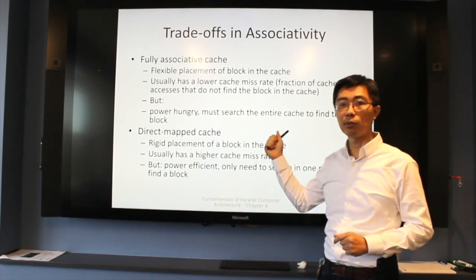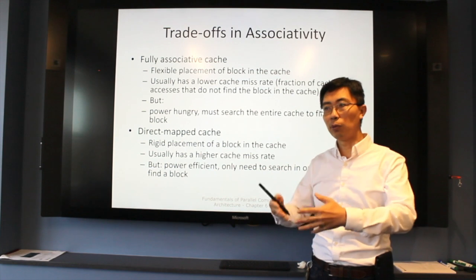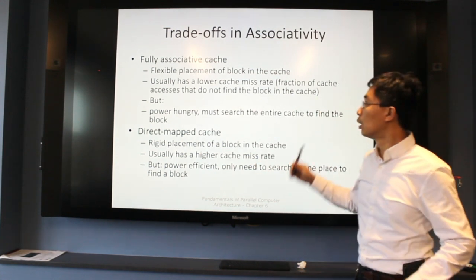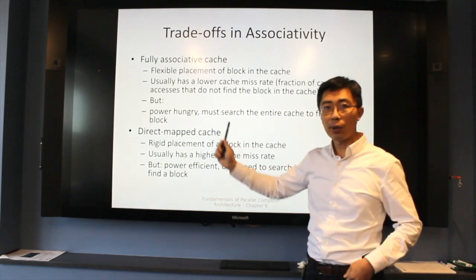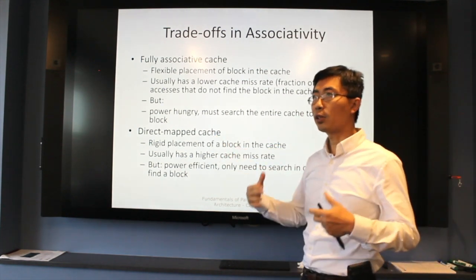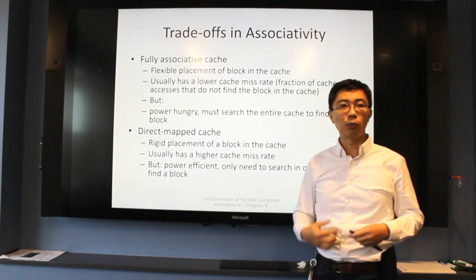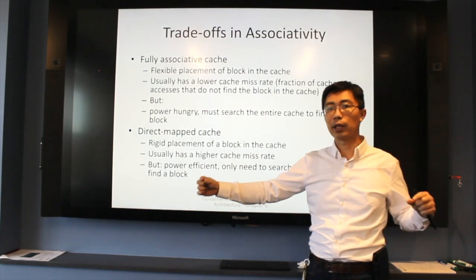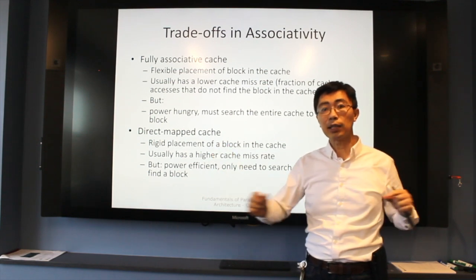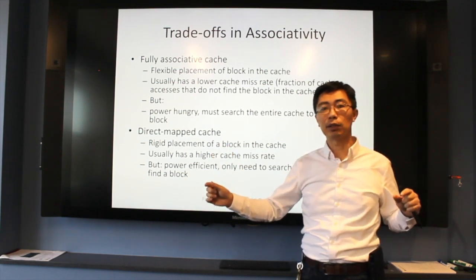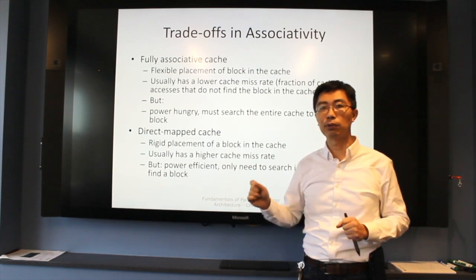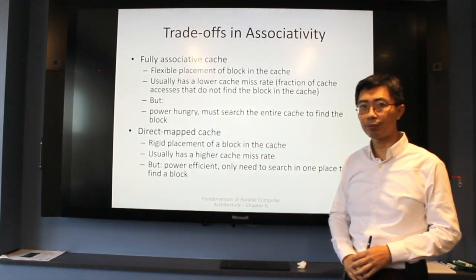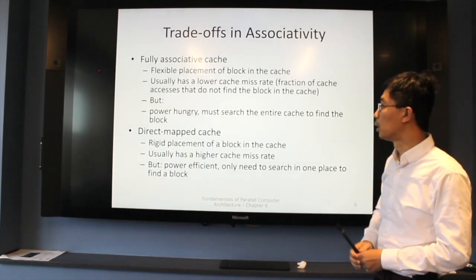In this case, because every block maps to the same set, the set will always be well utilized. The problem is that it's power hungry, because there is so much flexibility. When you want to locate a block, you essentially have to check all the existing ways in a cache to figure out whether the block is in the cache or not. So it's power hungry. You have to do a lot of tag comparisons.